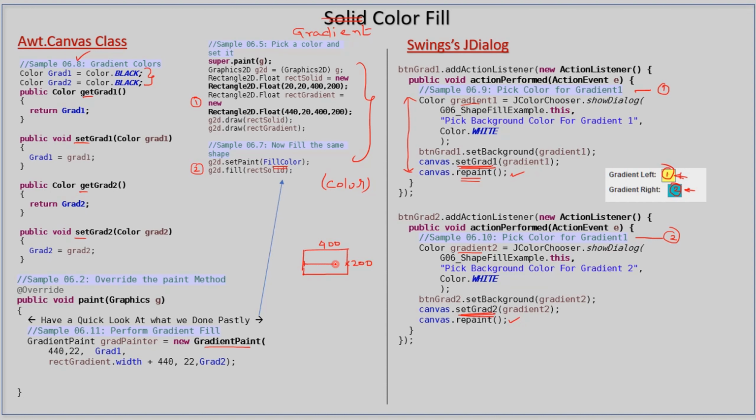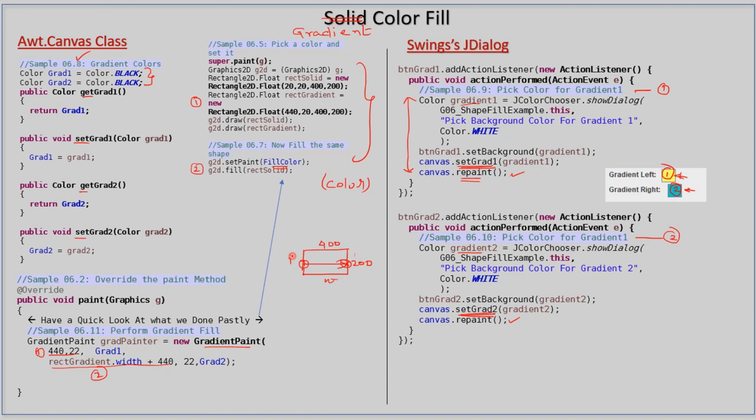So color interpolation will be applied from these 2 points, point 1 and rectangle width plus 440. So this is the width, right? 440, that means 400 plus 400, likewise it will go. And for the height, we are using the same height, 22. So this is point 1, this is point 2.